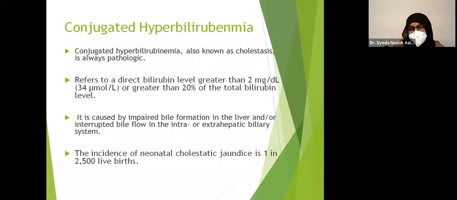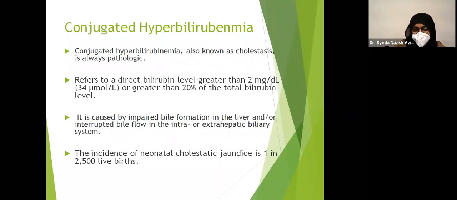Anytime the direct bilirubin level is greater than 2 mg per deciliter, or greater than 20% of the total bilirubin level when the total bilirubin level is 5 mg per deciliter or more, that is how we define conjugated or direct jaundice. It is caused by impaired bile formation in the liver or interrupted secretion into the intestine.